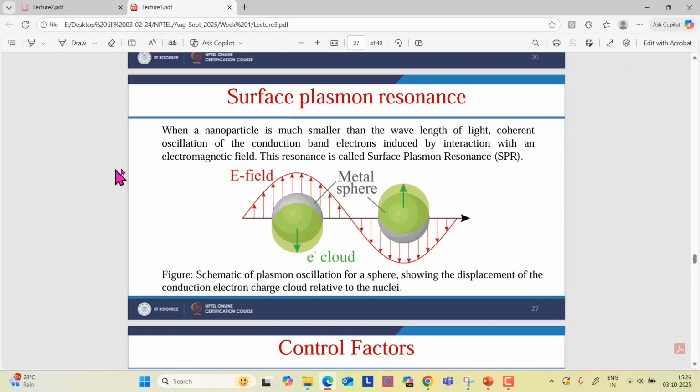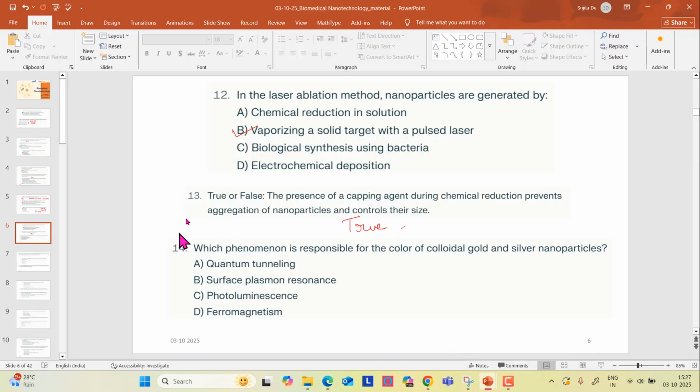This coherent oscillation of the conduction band electrons present in the nanoparticle is induced by the interaction with an electromagnetic field. Here the electromagnetic field is nothing but the light, right? So they show a resonance or color. This resonance is called the surface plasmon resonance. So the answer is that surface plasmon resonance is the reason for the color in this gold solution.